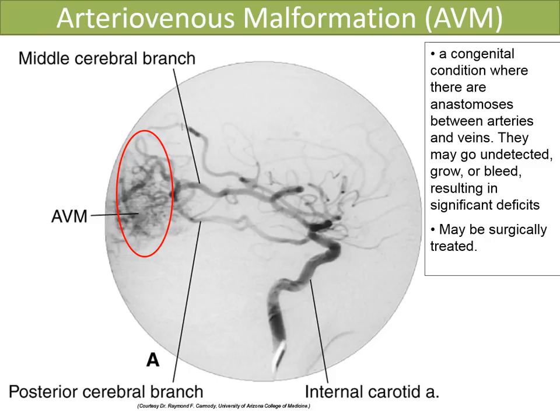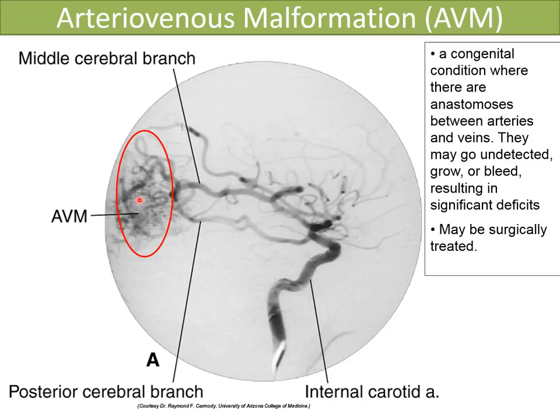We see a different kind of vascular abnormality, an AV malformation, where the normal connection down to capillaries is subverted by having much more direct anastomoses between arteries and veins, and that tends to result in abnormal function in that tissue and has some tendency to bleed.